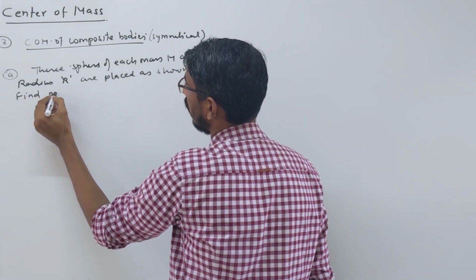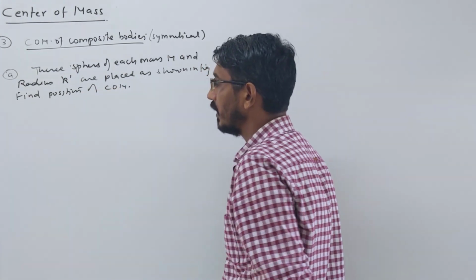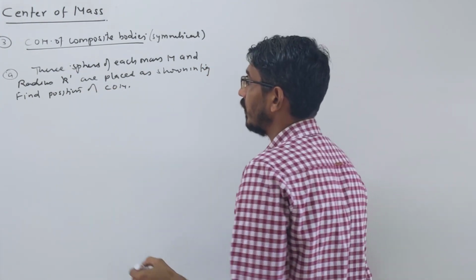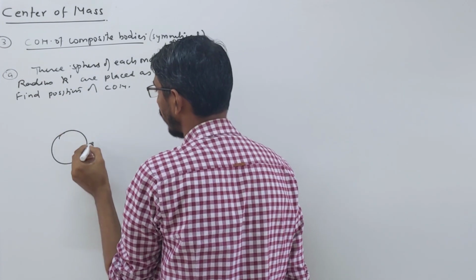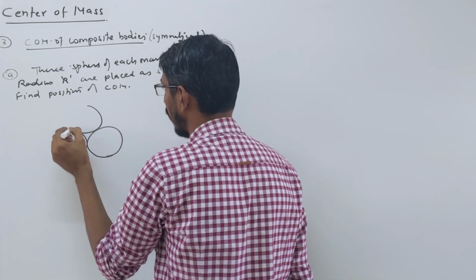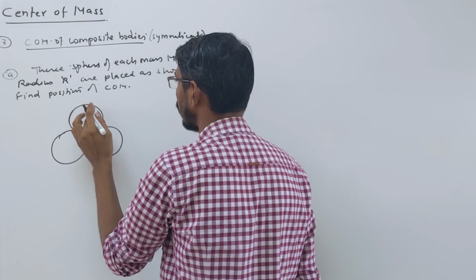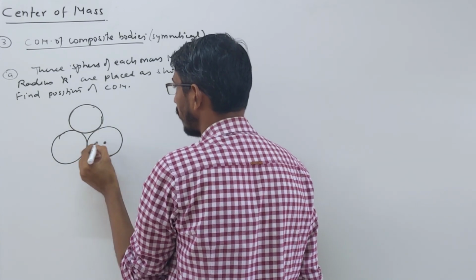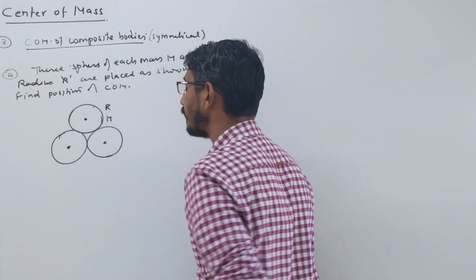Find the position of the center of mass. So 3 spheres are given to you, placed this way. This is one sphere, another sphere, and one sphere is placed here. These are 3 spheres, each of radius r and mass m.